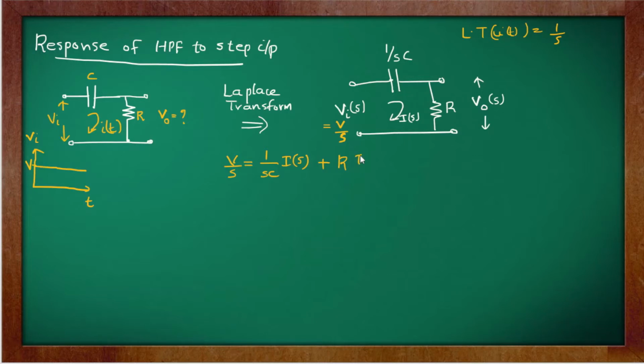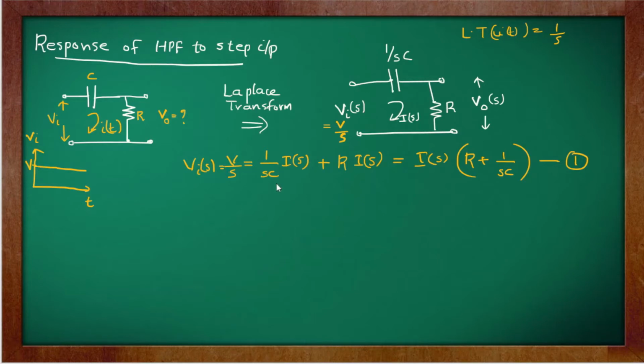This can be rewritten as I of s into R plus 1 by SC. Let that be equation number 1. This is the expression for Vi of s.